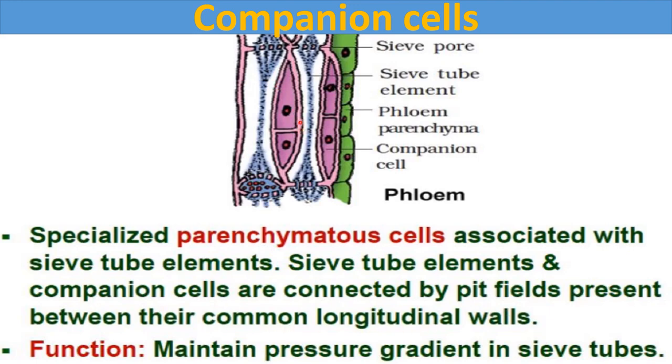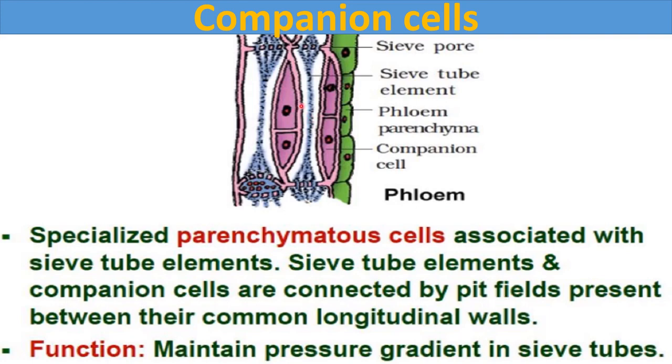This is called the longitudinal wall because this is a sieve tube element, and these are companion cells on both sides. You can see here this one and this one on both sides of the sieve tube element. These are companion cells, so this is their common wall, the common wall between the sieve tube element and the companion cell. So some kind of pores are present here which are called pit fields.